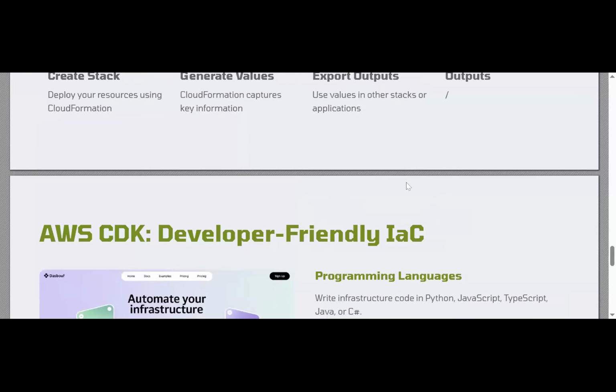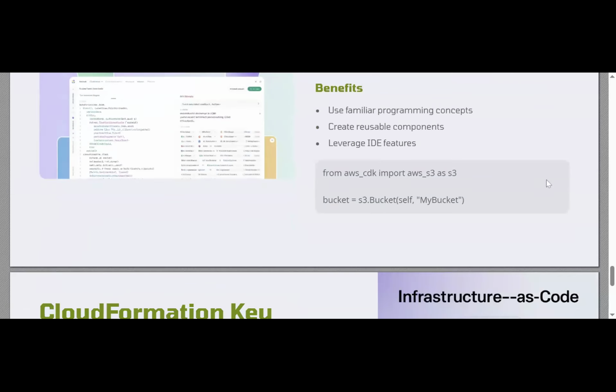Next. So here I told import, export. Same thing here also, you see. From aws_cdk import aws_s3 as s3.